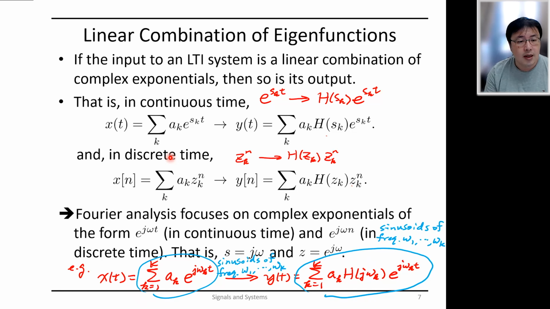But it just so happens that a large class of signals, basically almost all of the signals that we may encounter in engineering applications, may be represented in some form like this. So that's why this analysis is so practically interesting.